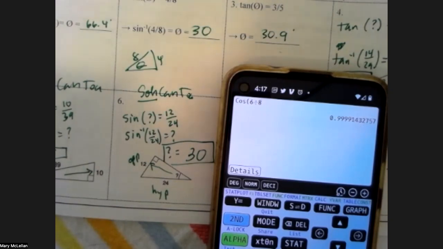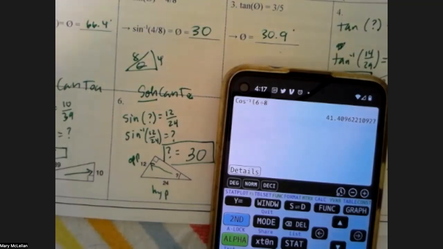This is like saying an angle of 6 divided by 8, which is like an angle of 0.75 degrees. It's small. 0.75, not 75, 0.75. But that's not what I'm trying to do. I'm trying to find an angle from a ratio. In order to do that, I need to use inverse cosine. So inverse cosine of 6 divided by 8. Aha.